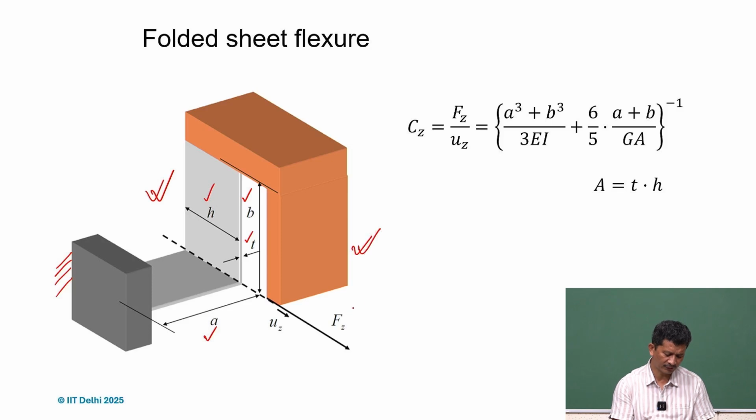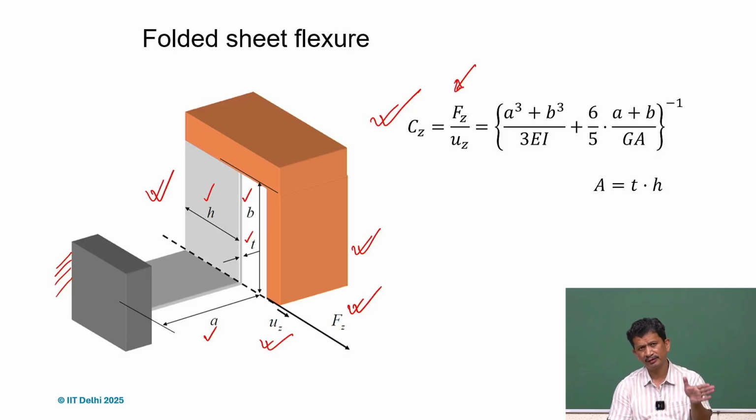And if we apply force Fz along the fold line, that is the z direction, the associated deformation is uz. What we realize is that is the constraint direction, and the stiffness in that direction, Fz by uz, is given by the bending stiffness, and again this is the stiff direction, so bending stiffness as well as shear are both working, so the deformations will be added, so compliance will get added, and that's why you have these two parameters.